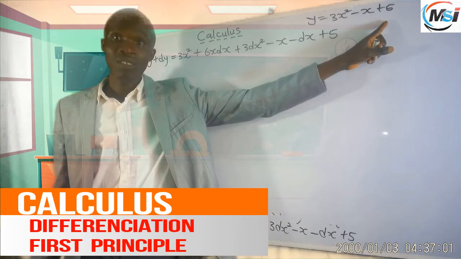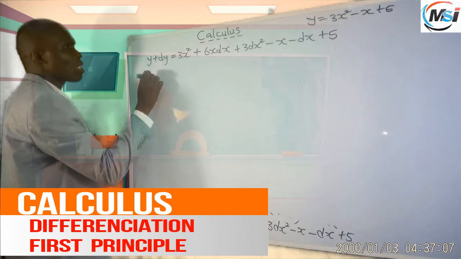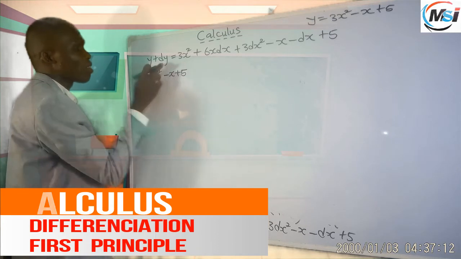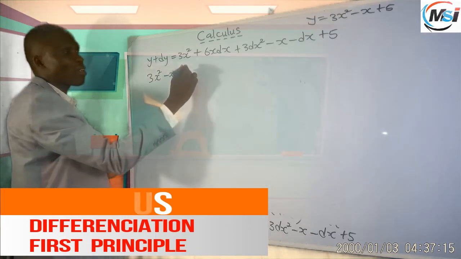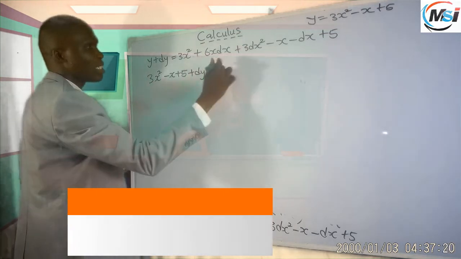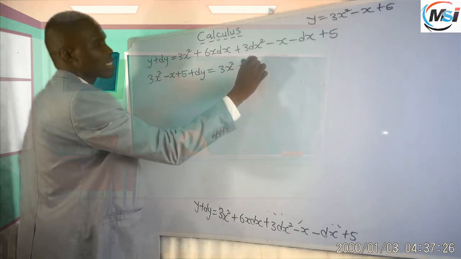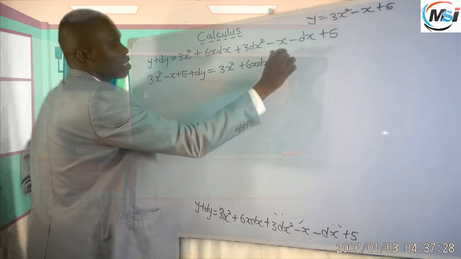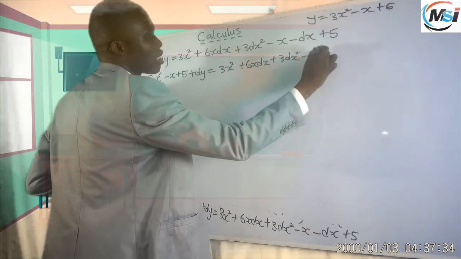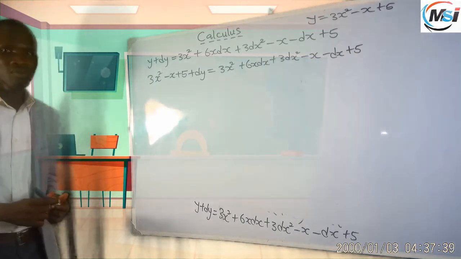I believe you are not confused, right? I believe. So this will give us 3x squared minus x plus 5 plus dy, plus dy equals, you repeat this, we have 3x squared plus 6x dx plus 3 dx squared minus x minus dx plus 5. Right?